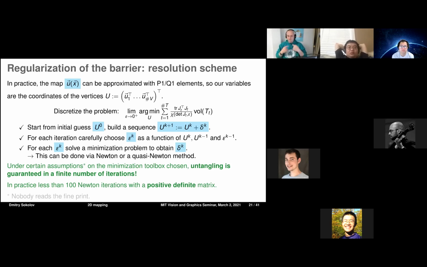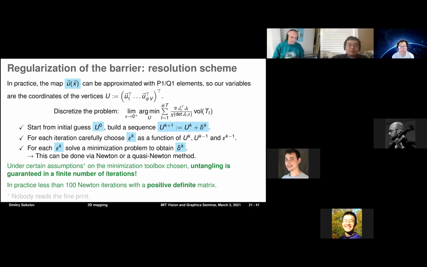to choose epsilon 2, the next value of epsilon, we have a formula that allows us to guarantee that the value of the function itself will decrease if you find a global minimum.